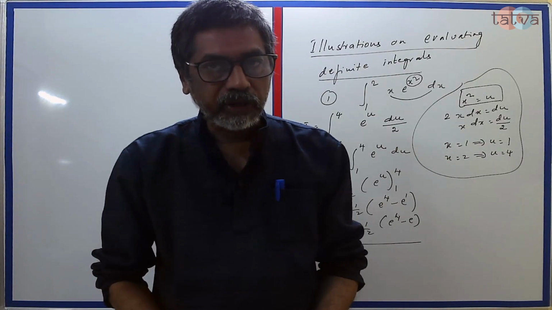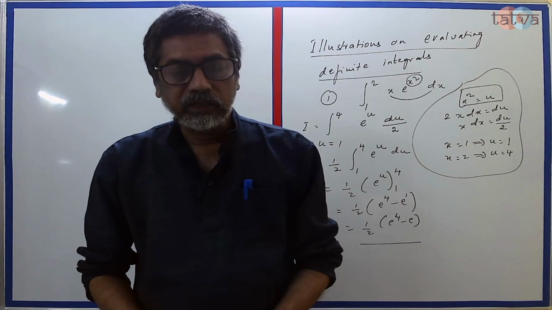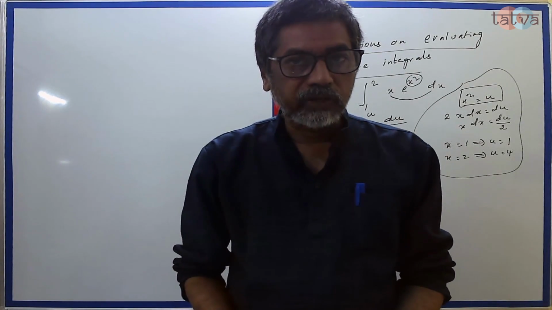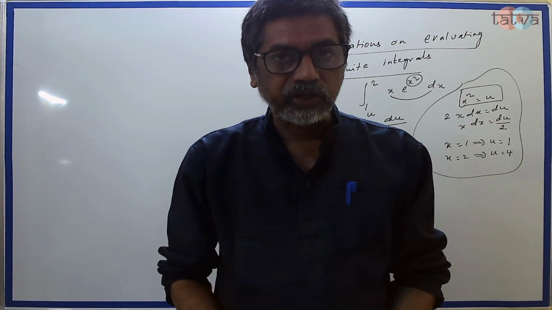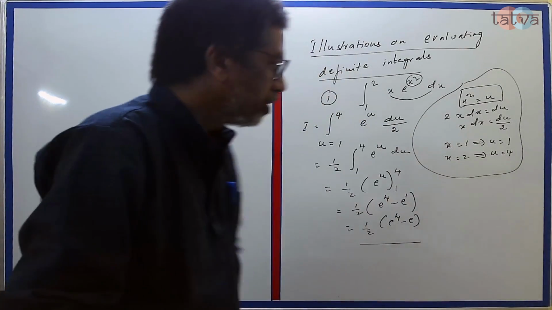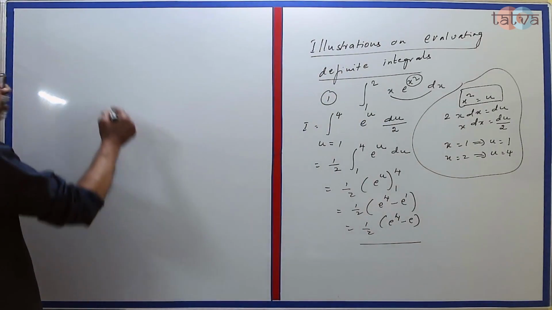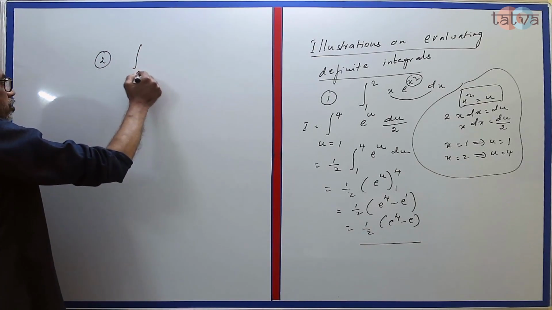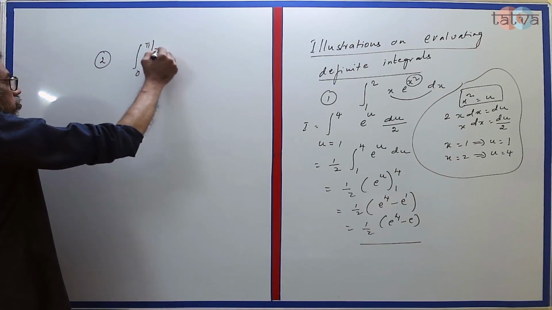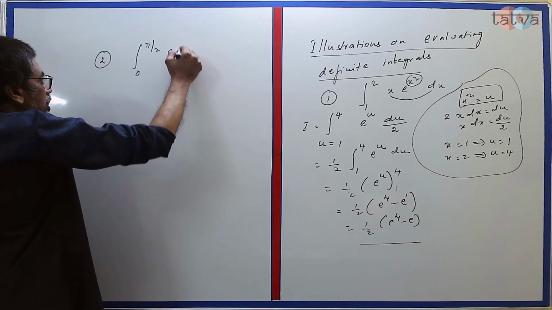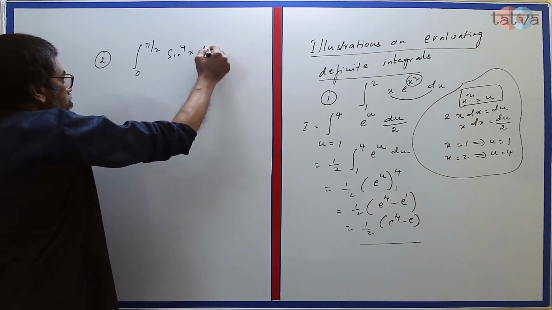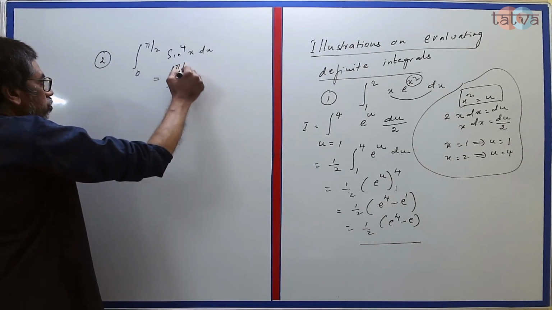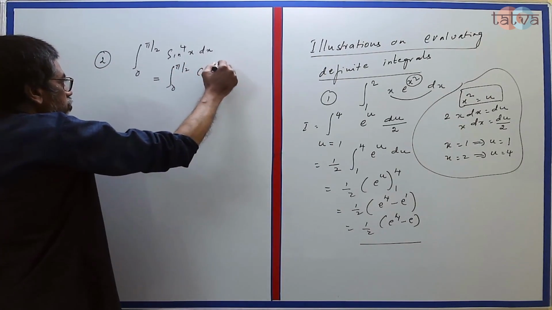My next example will be a direct application of reduction rules that we see in the evaluation of trigonometric functions. So let us say we have an integral 0 to pi by 2 sine power 4x dx, or the integral from 0 to pi by 2 cos power 4x dx.